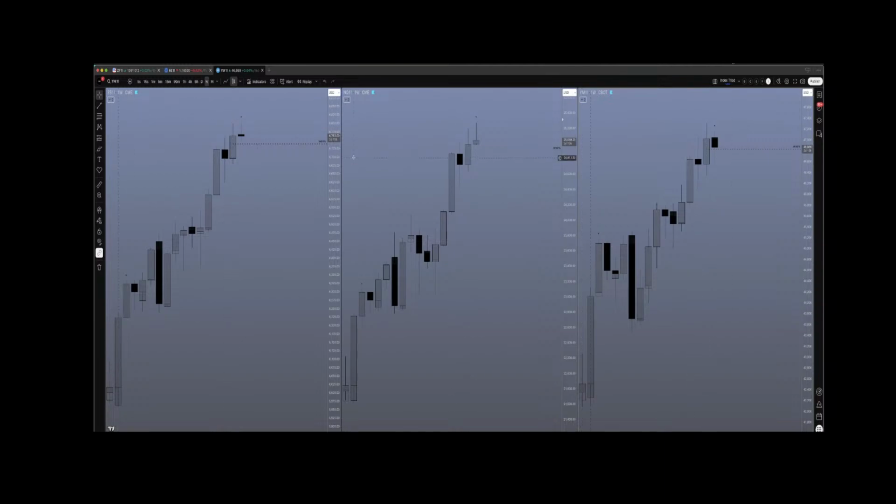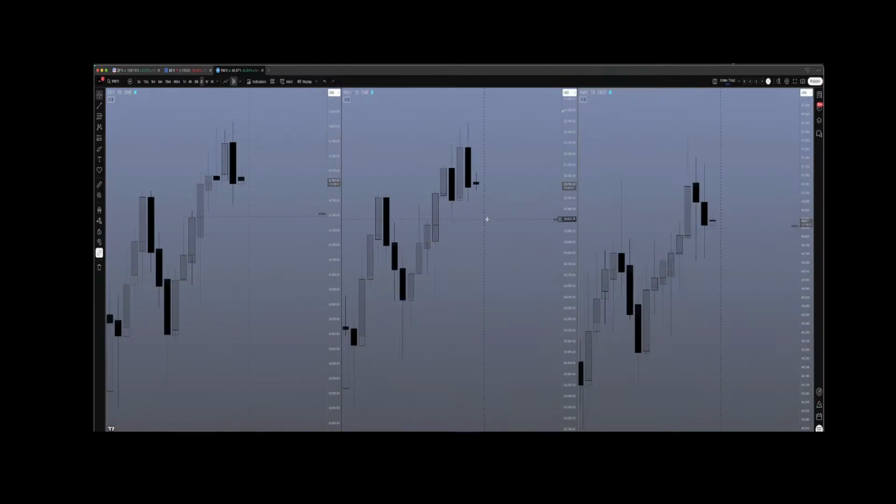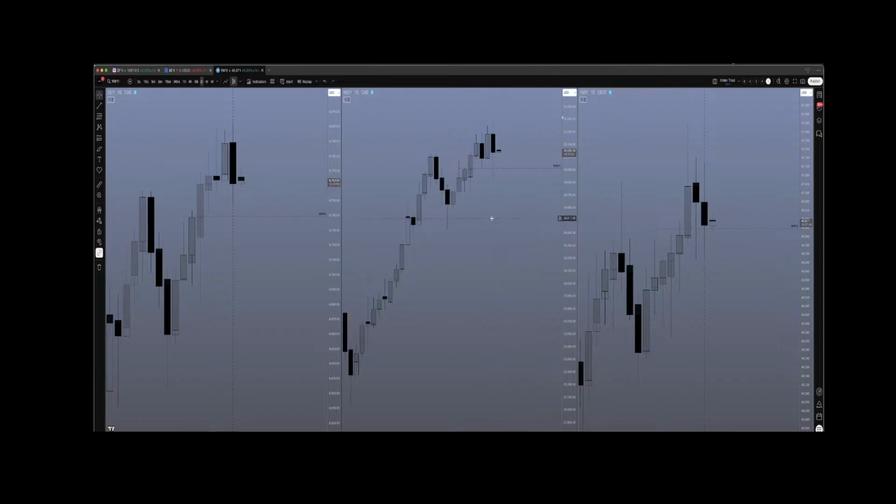Trading above, probably a draw on liquidity is EQ. We did trade into EQ here, but we've rejected it. I think YM's probably just going to stay, and we're probably going to run again if we're going to go lower. Let's see what the daily said yesterday. Did we get a close below? No, it's a range daily profile.